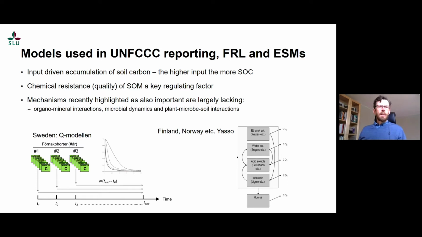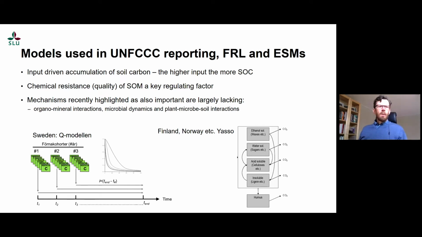So the accumulation of soil carbon is input driven in the sense that a higher input generates more soil organic carbon, and also the quality of the organic matter is the key regulating factor. The two examples of models you see down below. In Sweden, we use the Q model, the continuous quality model, and Finland, Norway, and several other countries use the YASO model, which is to the right.